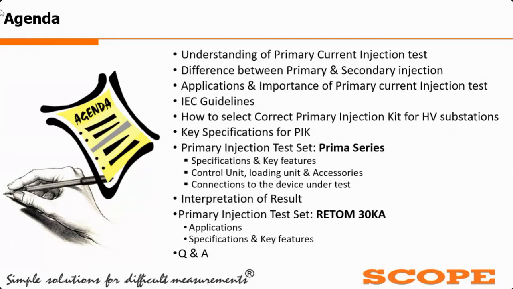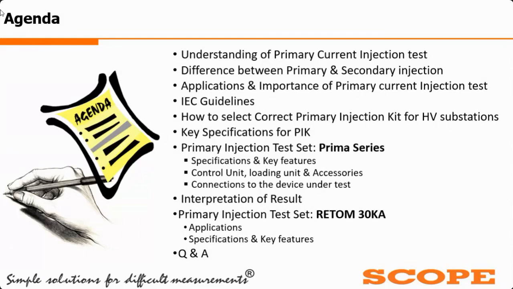And after that, we have a separate test kit, that is Ratom 30K, and the key specifications and key features that we are providing with our primary injection. And after that, we'll have a separate question session.